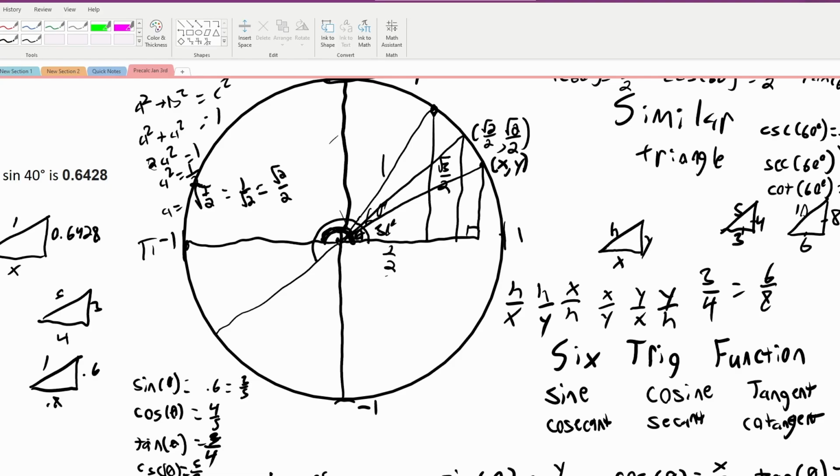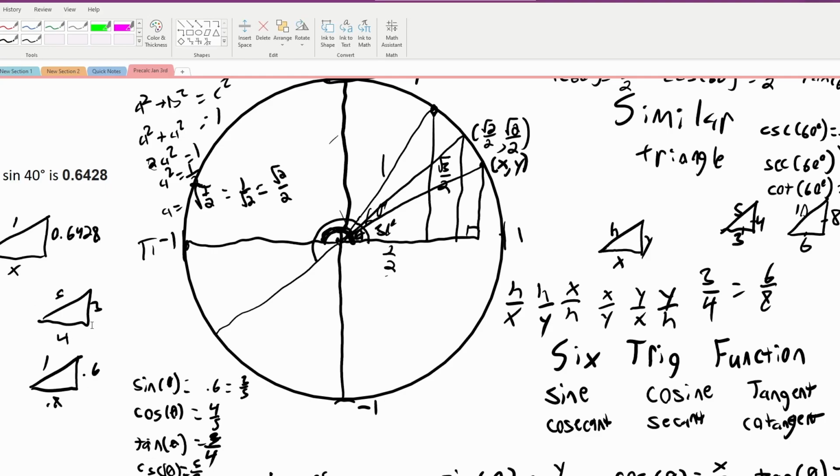So the basic idea is that any triangle you're given, or any x or y value, allows you to find the exact point on the unit circle, assuming that you know whether the values are positive or negative, or which quadrant it's in.